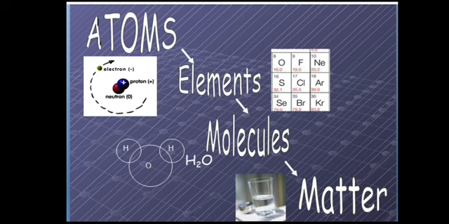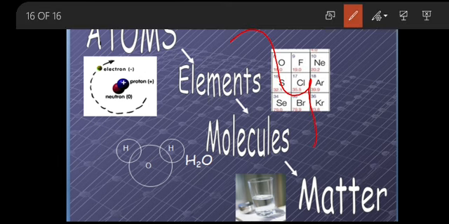When I combine different groups of atoms, it is a compound. A combination of atoms is a molecule. If I am combining the same type of atoms, then that is an element. If I am combining different atoms, it is a compound. So atoms, elements, molecules, all these things combine and are present in our matter.